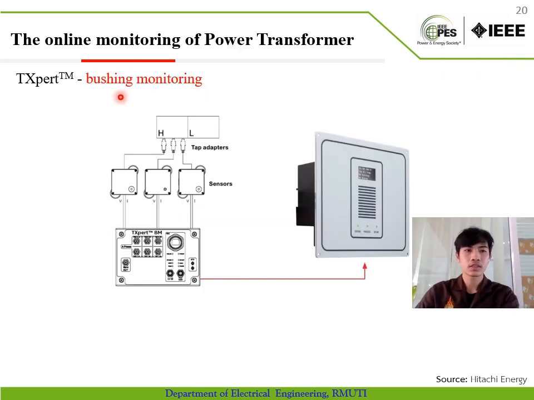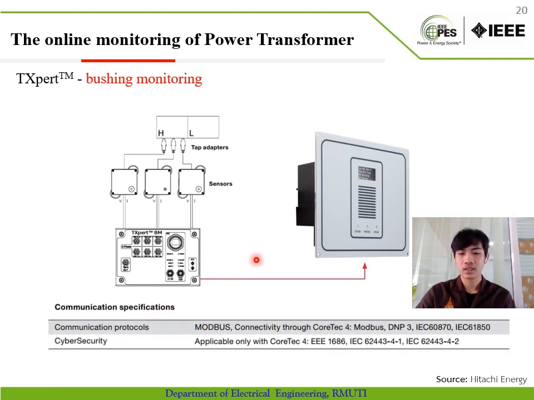And this is the TM bushing monitoring that is implemented on the high voltage bushing and connects to Contact 4 through communication protocols such as Modbus, DNP3, IEC 60870, and IEC 61850.